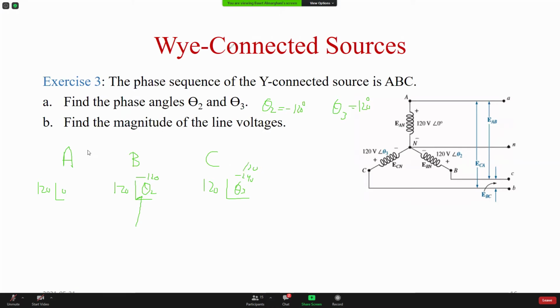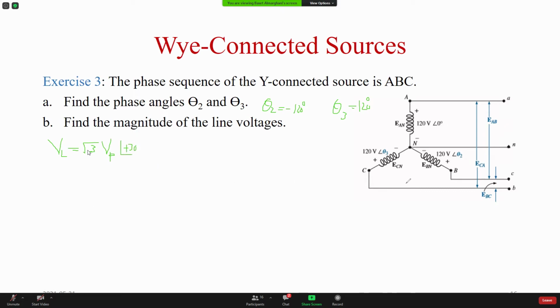So this is a Y connection. In the Y connection, we know that the line voltage equals the square root of 3 times the phase voltage, and we're going to add 30 degrees.